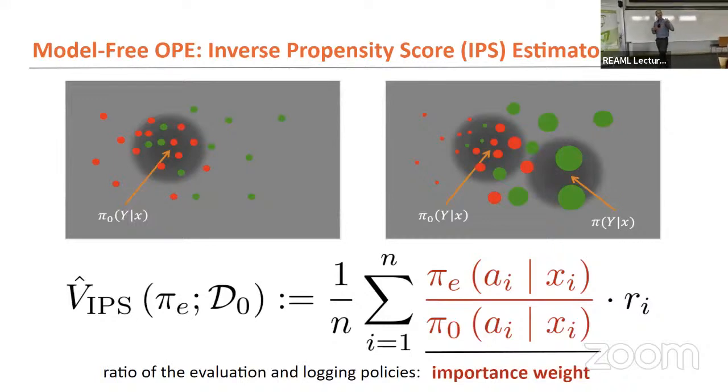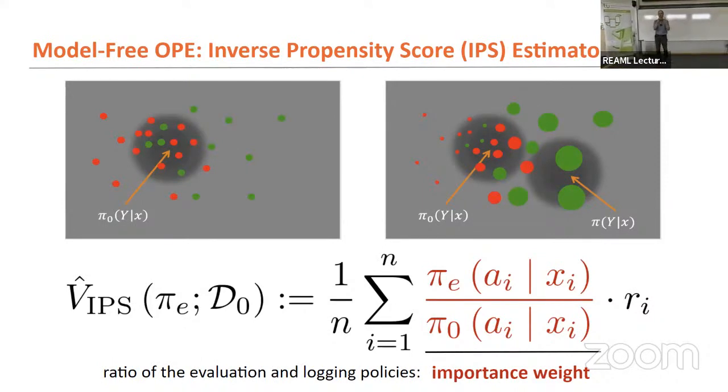If we have some mismatch between the logging policy pi null and the evaluation policy that we want to evaluate, then what we do is we upweight and downweight the observations. We can depict this in the following way. Here, this is if you do on policy. And off policy, what we would do is upweight the observations that have large probability under the evaluation policy that you want to evaluate and small under the logging policy, and vice versa.